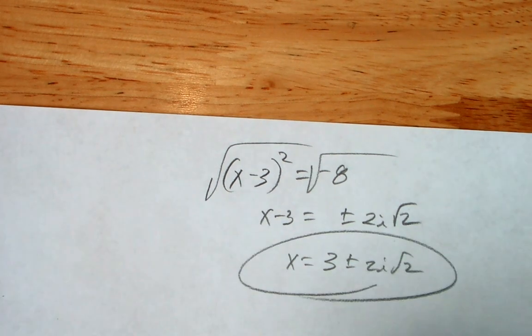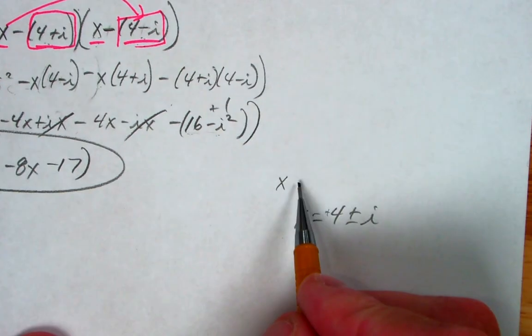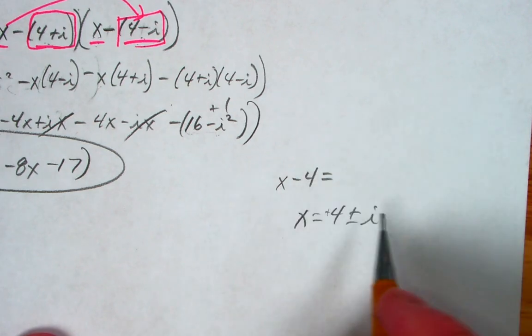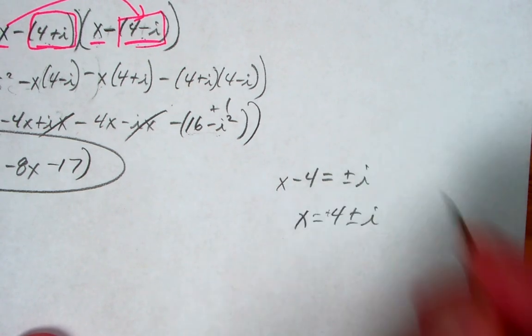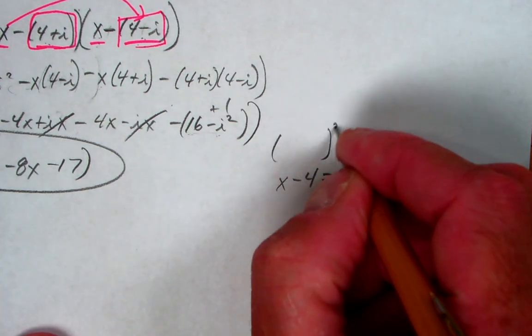So now I want you to think about doing this backwards. Let's build it back up to where it came from. So right now, if this is a positive 4, what must it have been on the previous step? Minus 4, right? Equals plus or minus i. Now, if that's a plus or minus, it must have been the result of something squared, right?